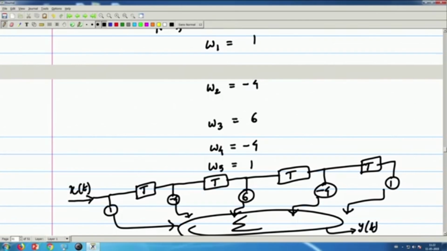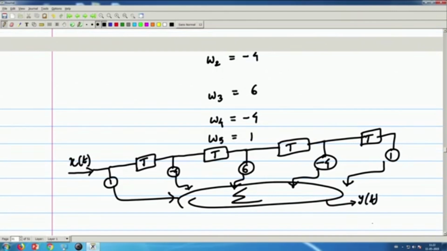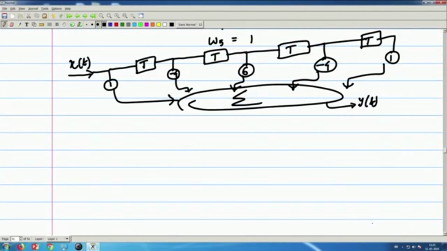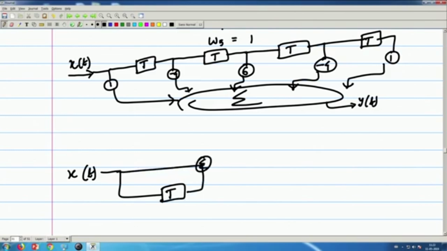Now, this is from the binomial thing, and from your 4-pulse canceller I can see that if you have x(t), you are giving a delay and you are getting, here you are putting a sum.